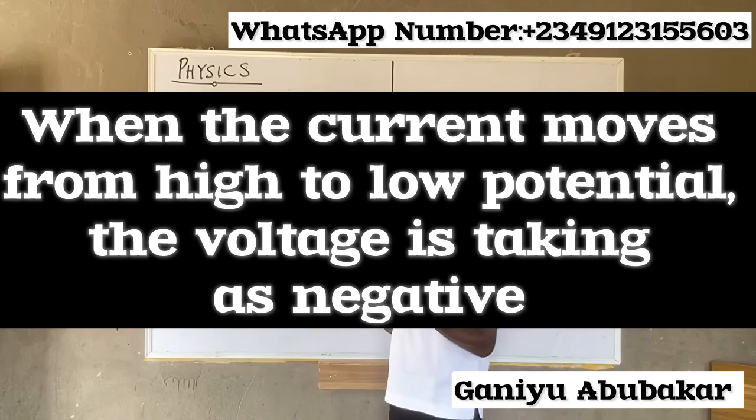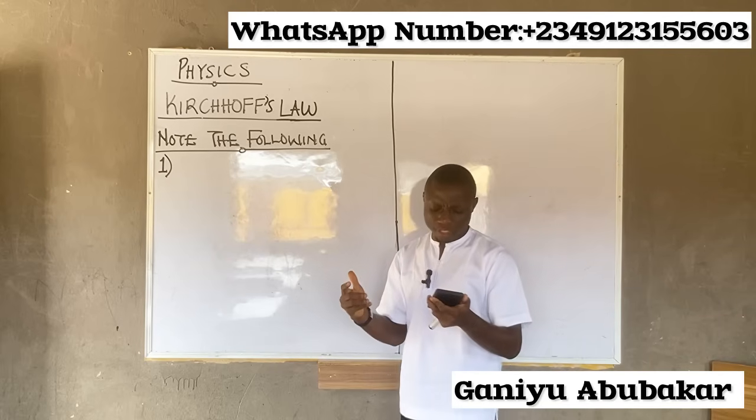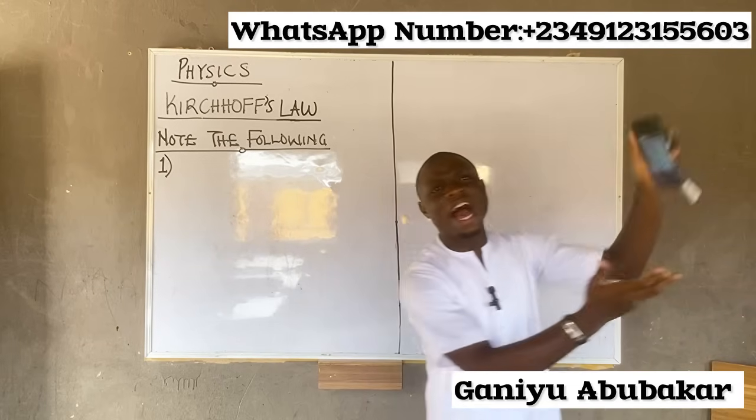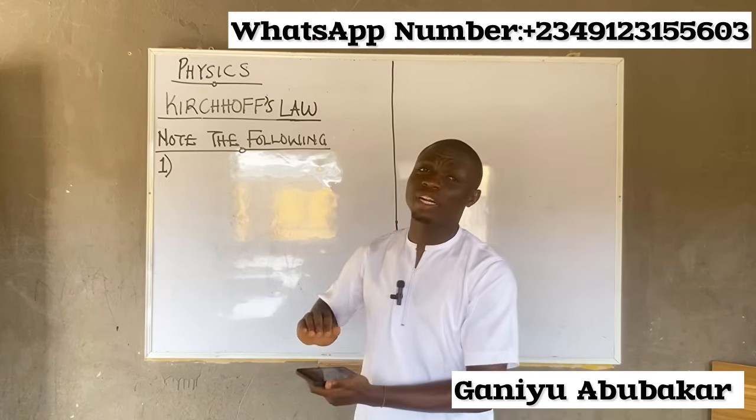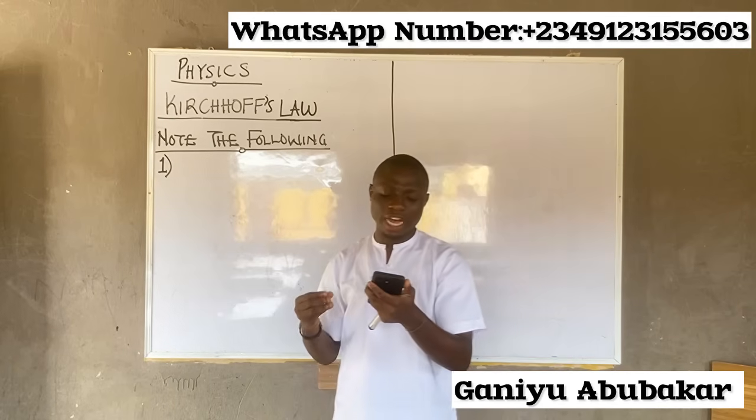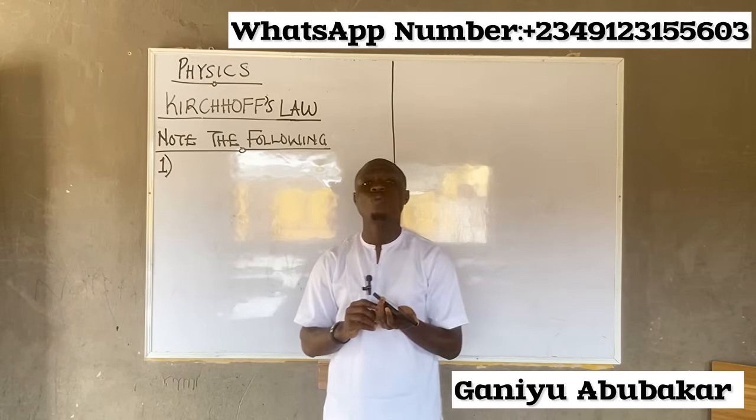So that's the first case. When current is moving from a high to a low potential, you take voltage as what? As negative. What do I mean?